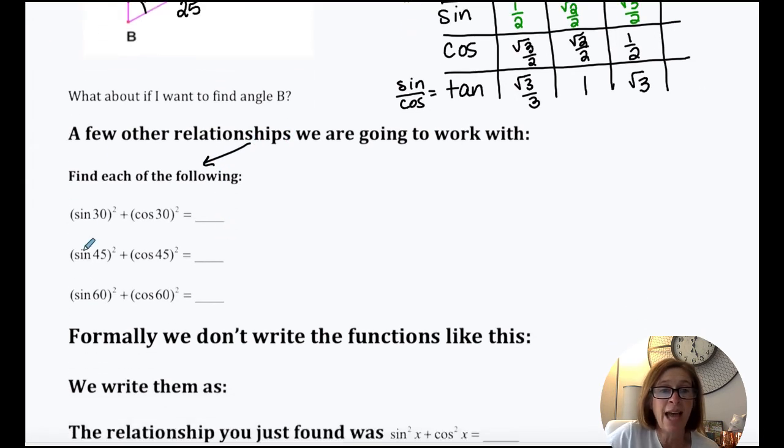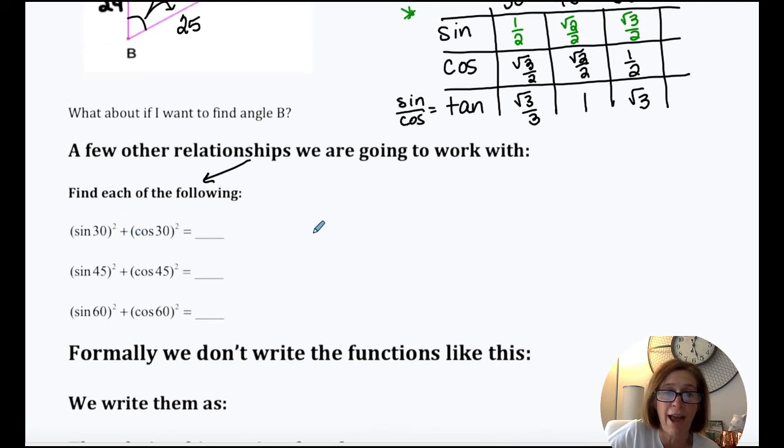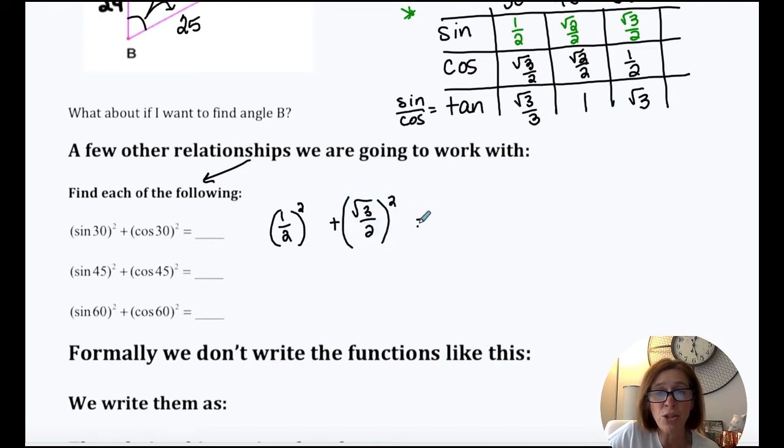It says find each of the following. Sine 30 squared plus cosine 30 squared. Okay, so sine of 30 is 1/2, so I'm going to substitute that in. Cosine of 30 is root 3 over 2, I'm going to substitute that in. Now I'm going to square them. So 1/2 squared would give me 1/4. Root 3 over 2 squared would give me 3 over 4.